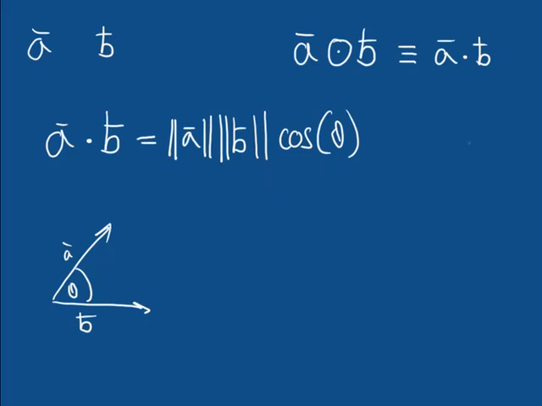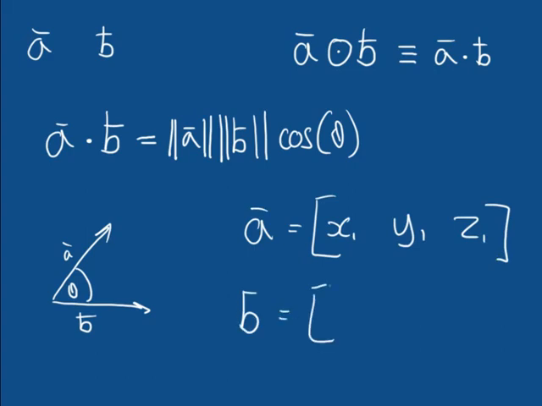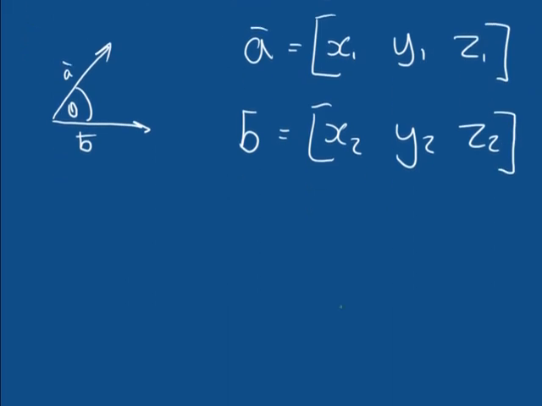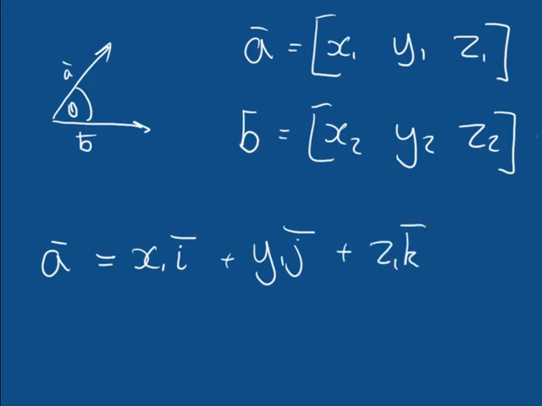So if we had our vectors A and B, if we said that A was equal to the vector x1, y1, z1, and B is the vector x2, y2, z2, then from our earlier discussions on the Cartesian vectors that we saw in an earlier video, we can say that A is equal to x1 times i, our i Cartesian vector, plus y1 times j, our j Cartesian vector, plus z1 times k, our k Cartesian vector.